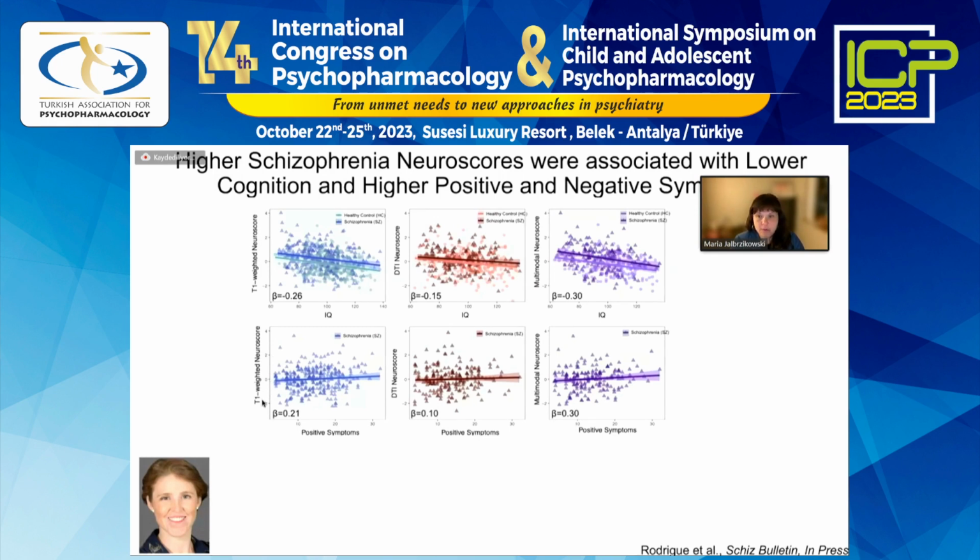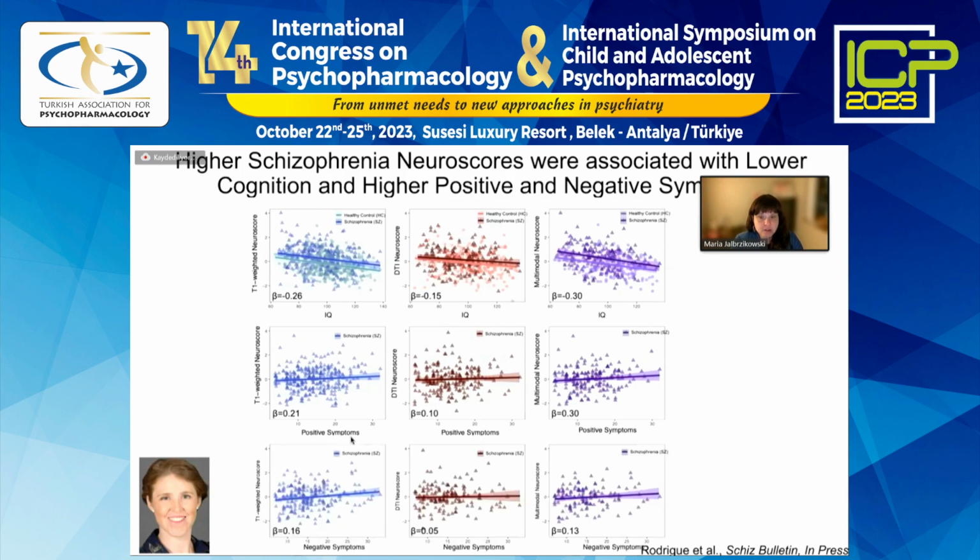Significant correlations between positive symptoms and individual brain regions are often scarce, and even when they are identified, the relationships are often small, accounting for less than 1% of the variation between the 2 measures. But in this study, the T1 weighted score accounted for about 4% of the variance in positive symptoms, suggesting that these neuroscores may be a more robust index than measures of individual brain regions.